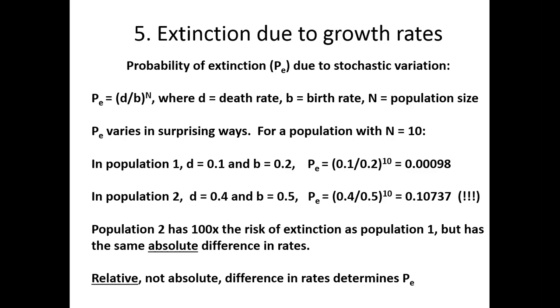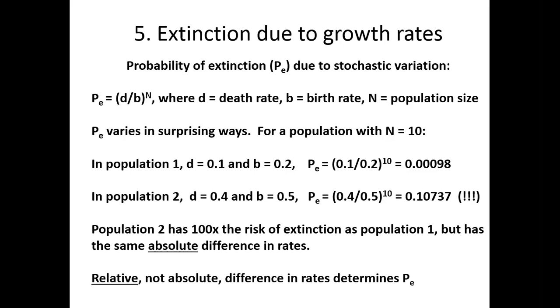This is cool, but it's also kind of frightening because the relative difference in birth and death rates is what's important, not the absolute difference. In both of these examples, the absolute difference was 0.1. The birth rate was 0.1 greater than the death rate. And that sounds really good.